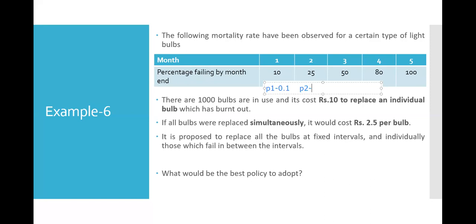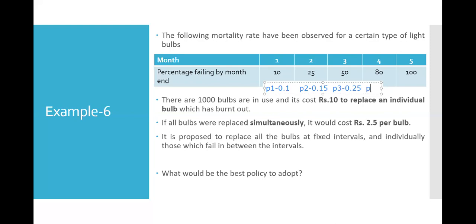So we must subtract the first month from the second month. So it is 25 minus 10, which is 15, and 15 divided by 100 to go from percentage to numbers is 0.15. Likewise, P3 would be 0.25, because it is 50 minus 25.